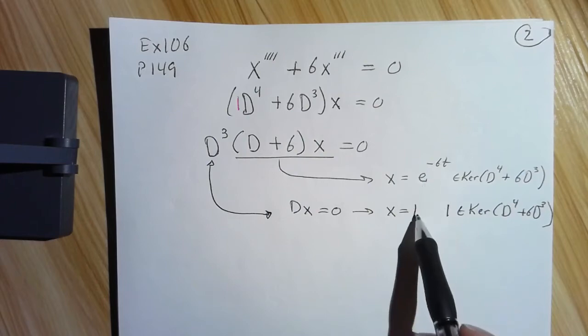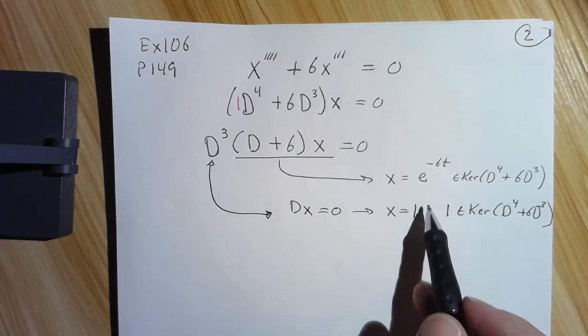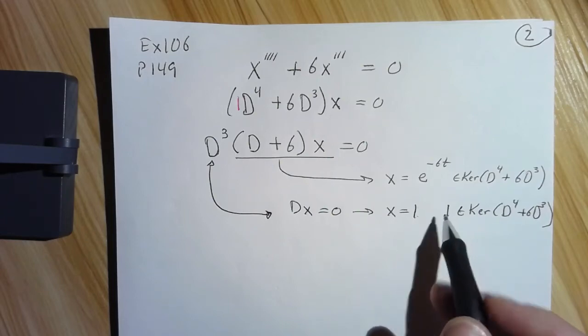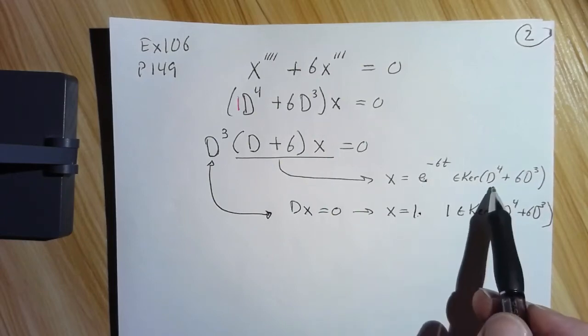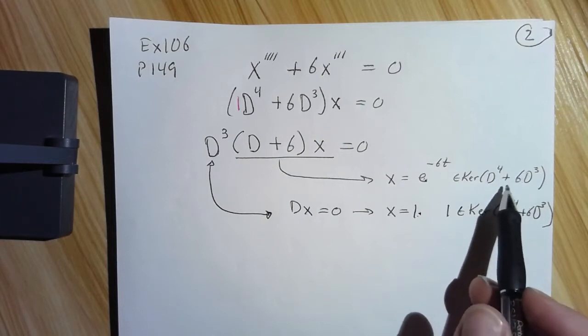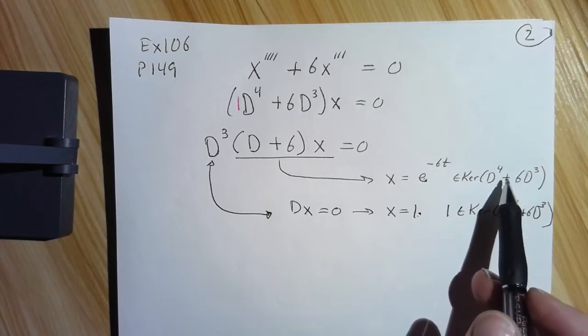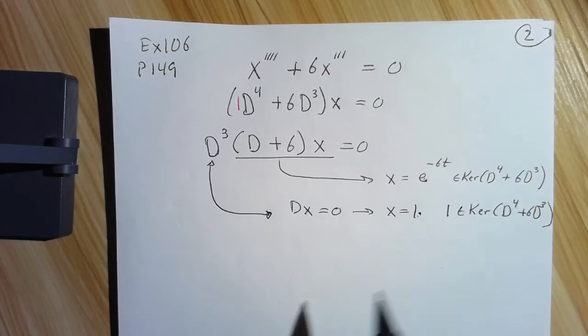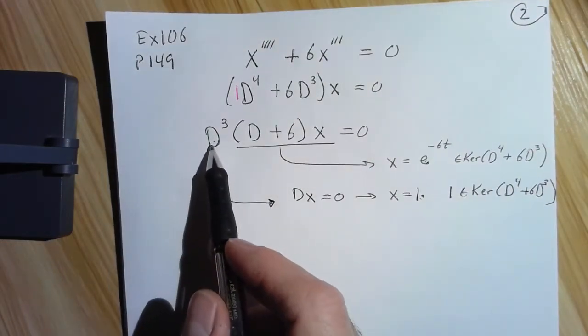These are linearly independent functions. Again, if you're having trouble with 1 as a function, it's a constant function. You plug in t, you get 1 no matter what. So I have 2 functions in my kernel. It's a fourth order differential operator, so the kernel is 4 dimensions. I need 2 more things. And I get them from here.